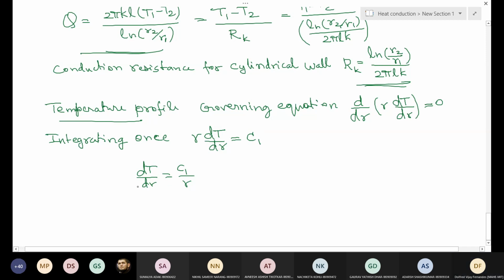So integrating again, T as a function of r: tell me what you get when you integrate this one. C1 into the integration of 1 by r, ln r. Okay, good.